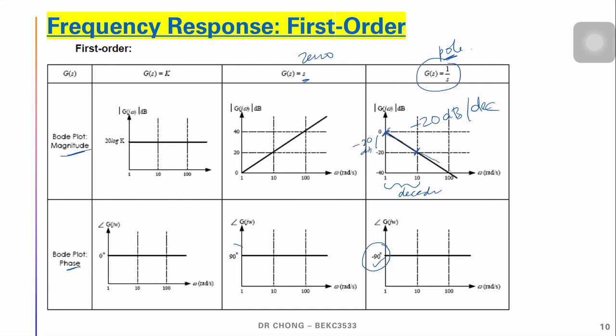If today your question has a zero at the origin, then you will start from 90. So if your system does not have any pole or zero at the origin, then you only have k, the gain. So the gain is always a straight line in the magnitude, and also always 0 degree. So later on when you fill up the table, you will see how it looks like.